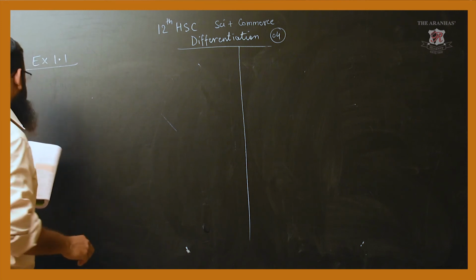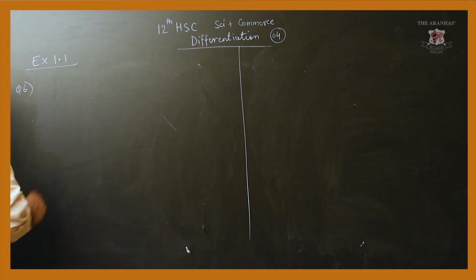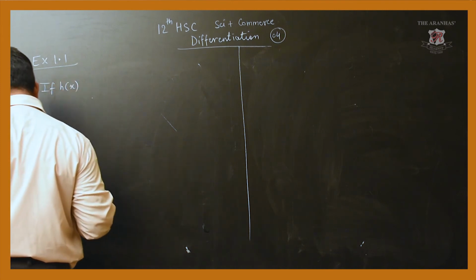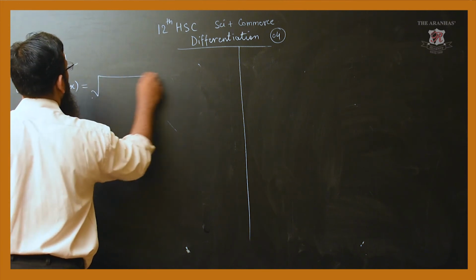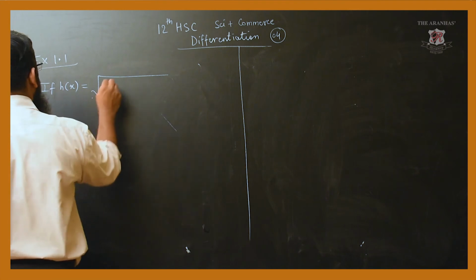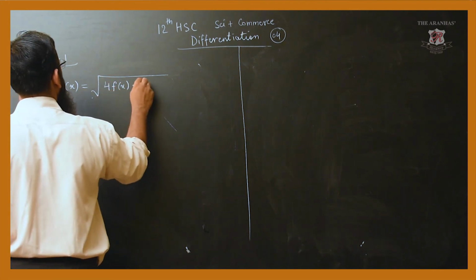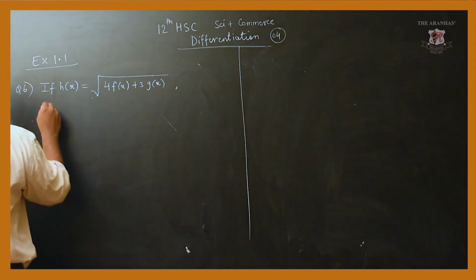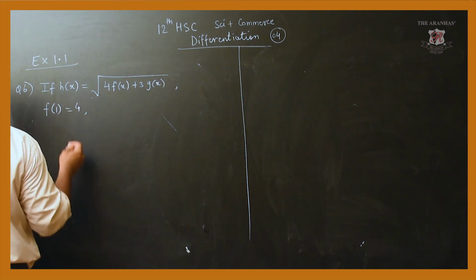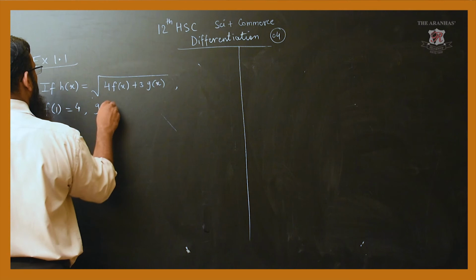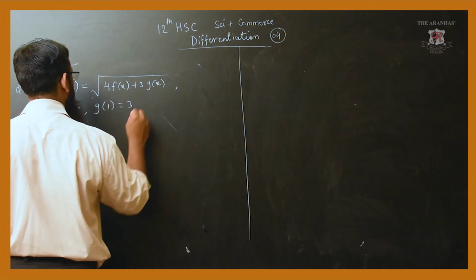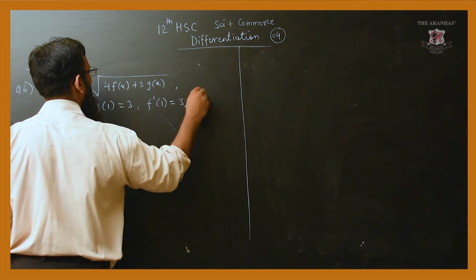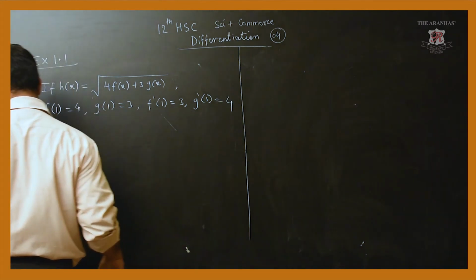Okay, now from this exercise, we are going to see, if h of x is under root 4f of x plus 3g of x such that f of 1 is equal to 4, g of 1 is equal to 3, f dash of 1 equal to 3, g dash of 1 equal to 4.